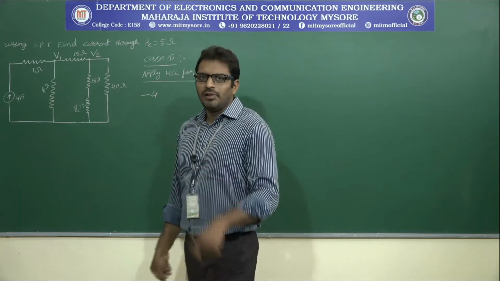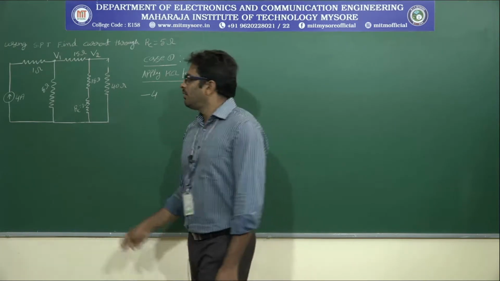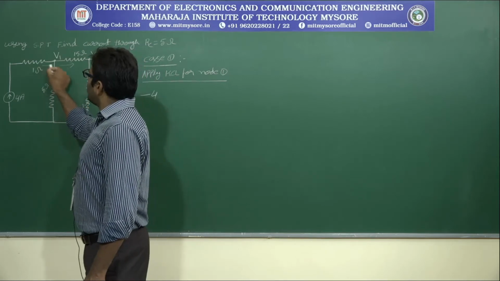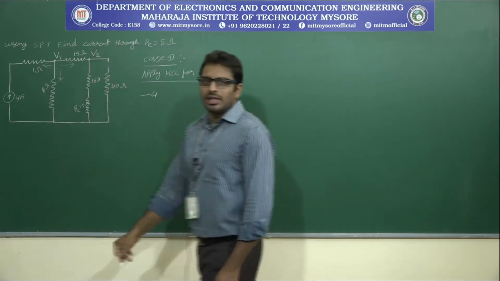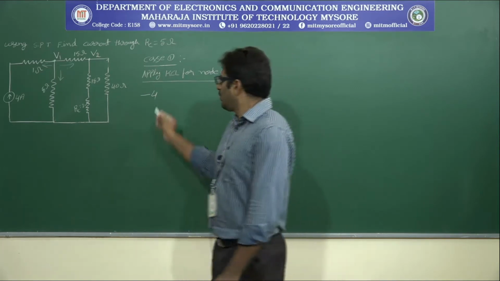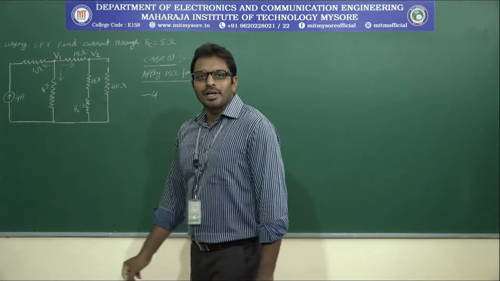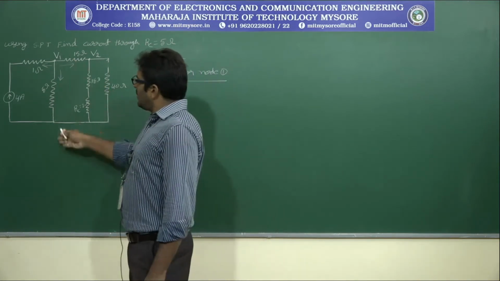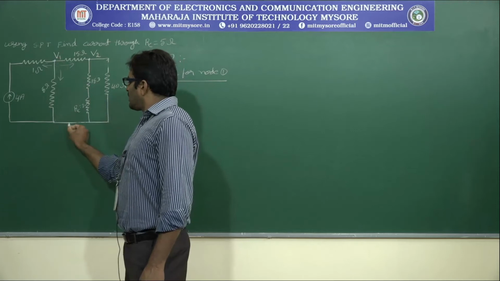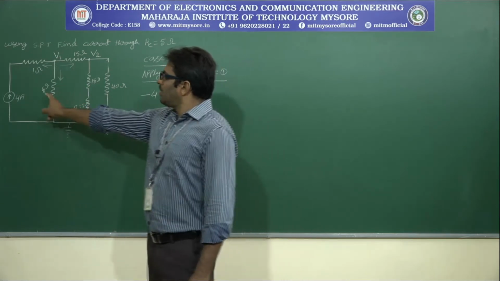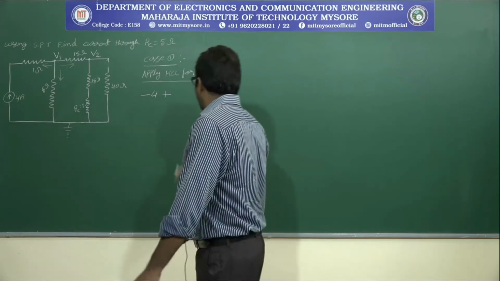Because when you are applying KCL for any node, all the branch currents are leaving from the node. Is it clear? But 4 ampere current source is entering into the node, therefore the sign for 4 ampere current source is minus. Plus, what is the current in this branch? V1 minus 0, since the other end is connected to ground, divided by the resistance value 5.